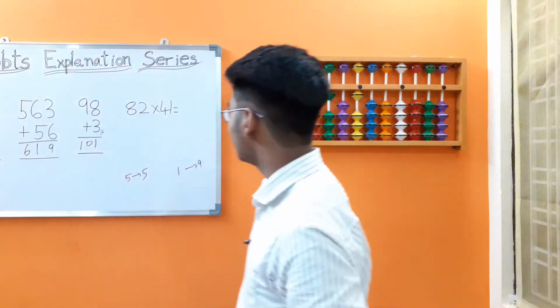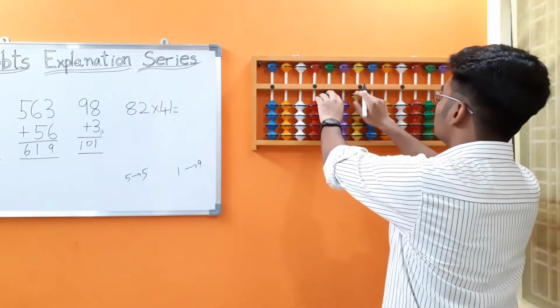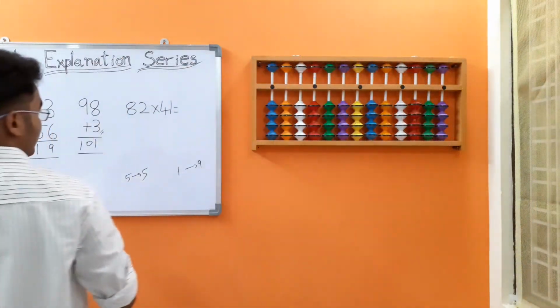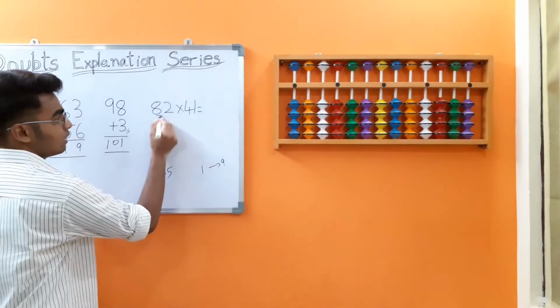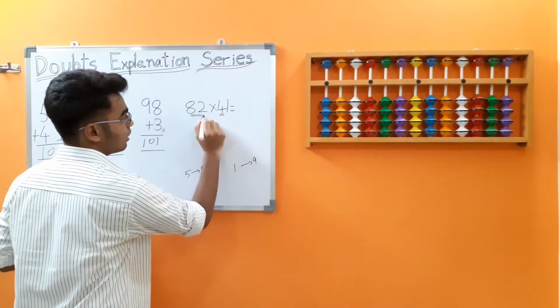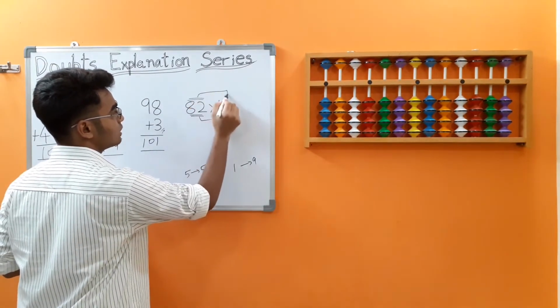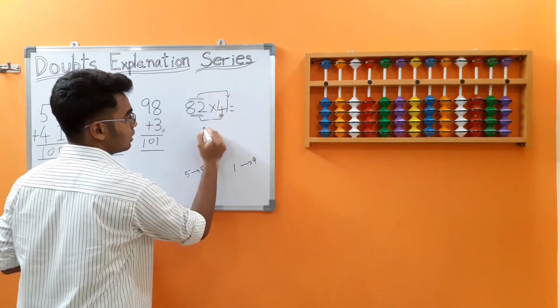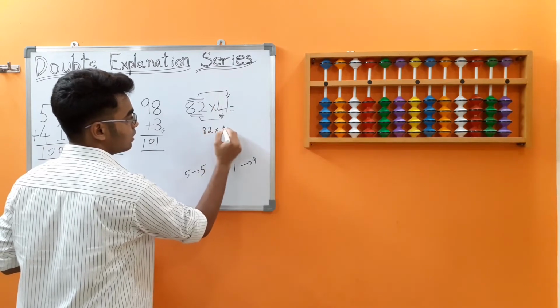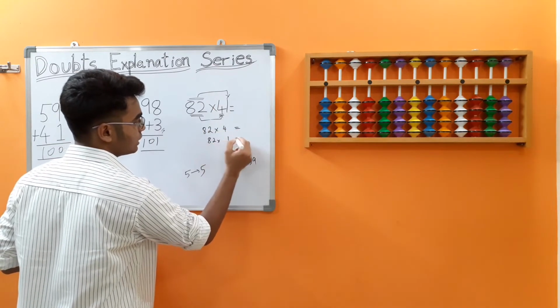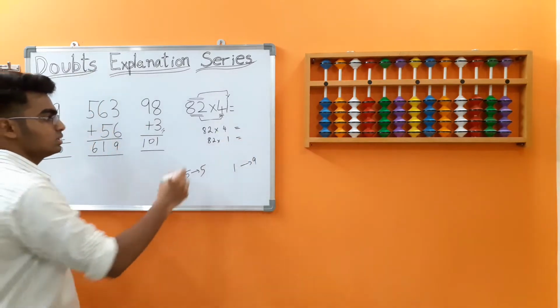101. Next up, again a 2D into 2D. Similarly, we'll solve this sum in 2 parts. The first part will be 82 into 4. Next part is going to be 82 into 1. Let's do this.